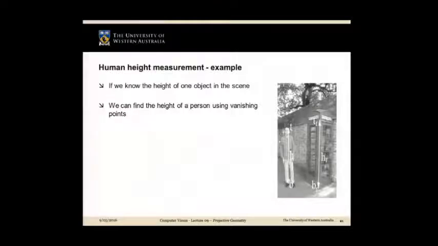You can Google it, and it will give you all the dimensions and size of this telephone booth. I know it's a very famous landmark of the UK, of London, right? So you can get the height by just Googling it. And keeping that height as your reference height, you can find the height of the person in that particular image. How to do that, we'll discuss in the next few slides.